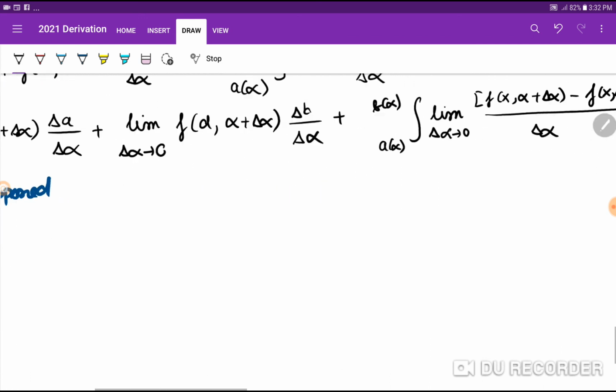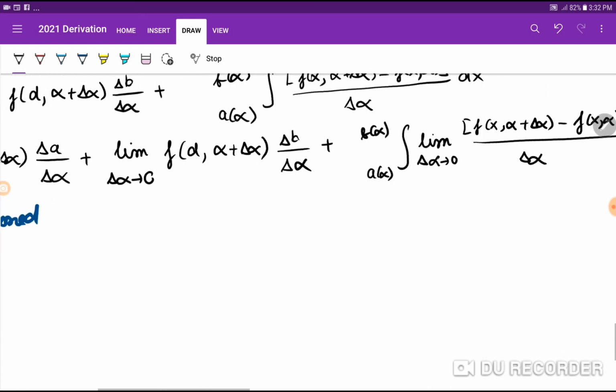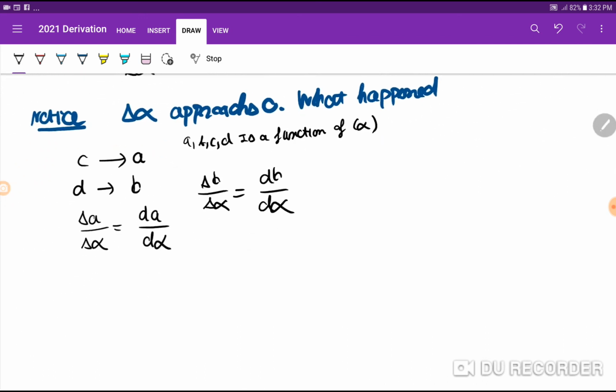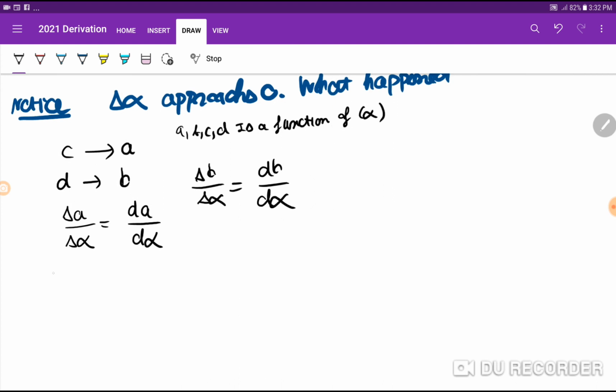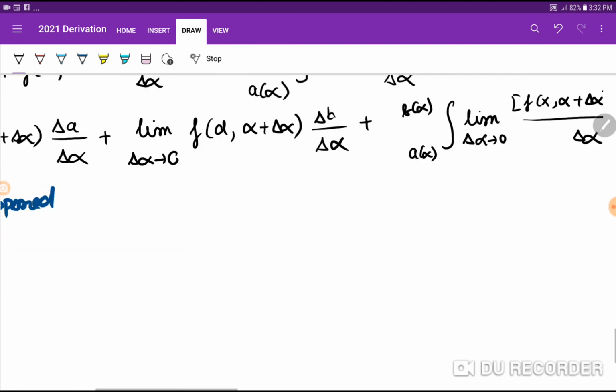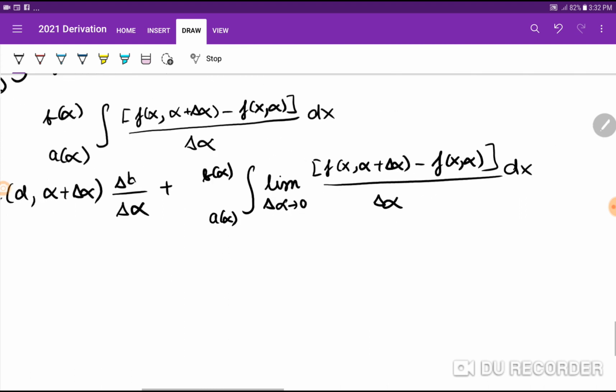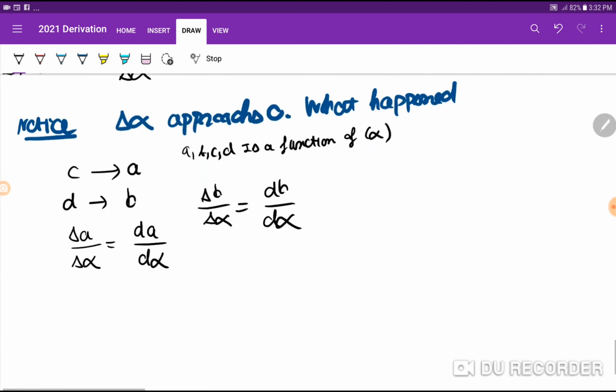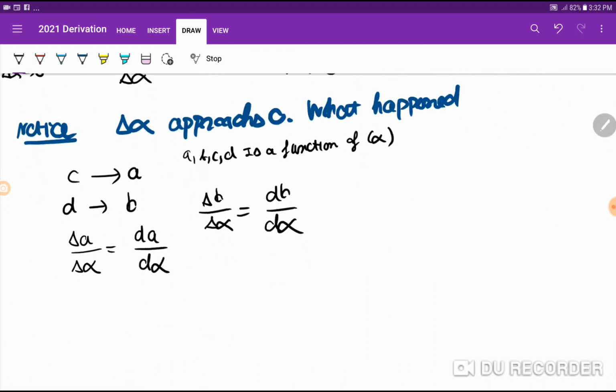Now I'm going to use all of this to plug in. Oh, one last thing. What is this guy? There are so many things happening when delta alpha approaches 0. Let me see, minus f(x, alpha) delta alpha.